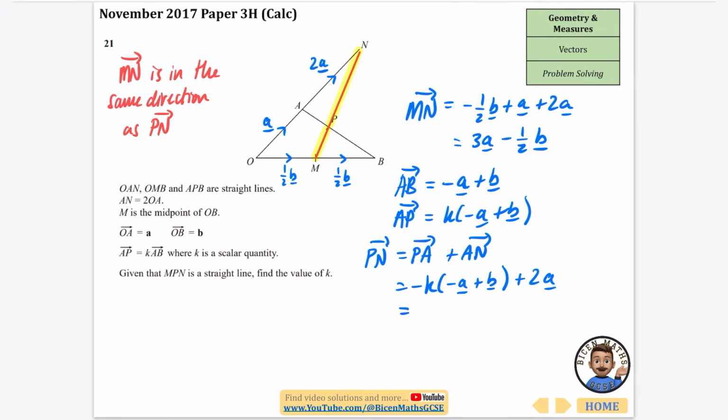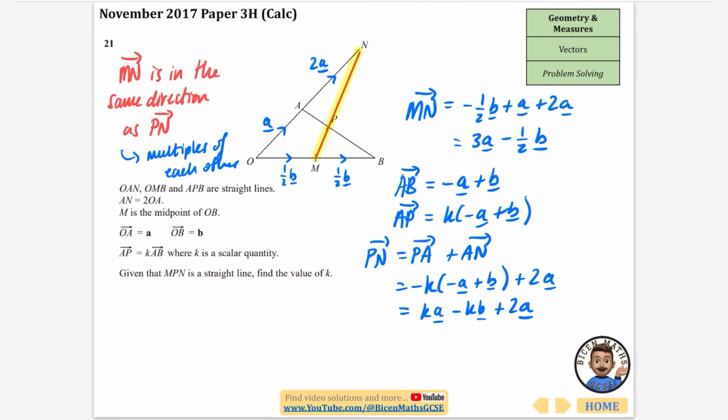So expanding these brackets, the minus K times minus A is positive KA. We then get minus KB, I don't want to underline the K because it's not a vector, plus 2A. Now we know something. Because they are in the same direction as each other, we can say that they are multiples of each other. What I mean by that is that MN is some multiple of this one.